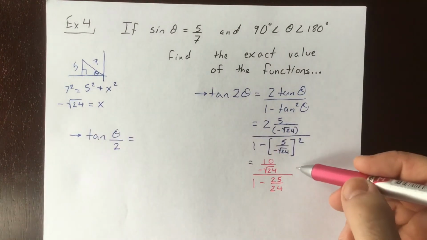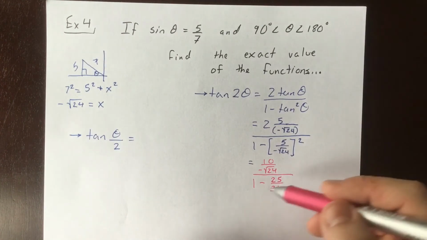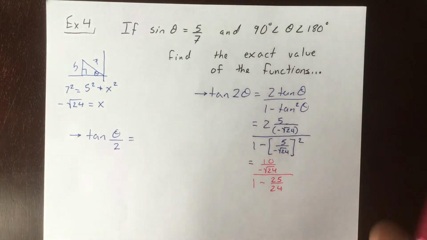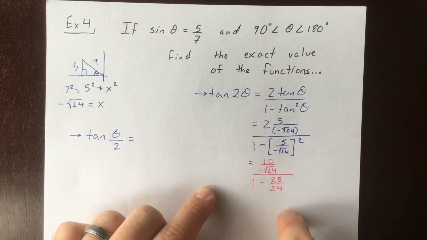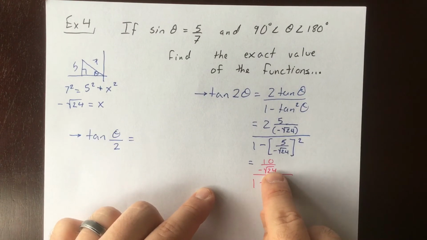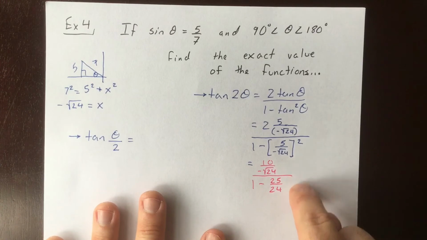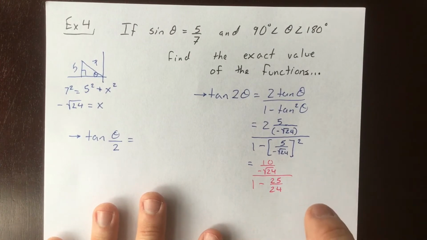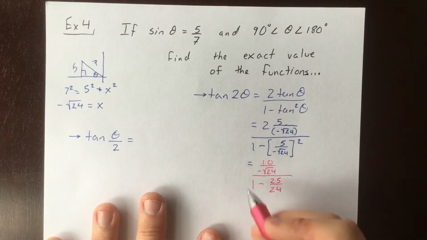I had said that you can multiply both top and bottom by the denominator to get rid of the fractions. But understand that that was only when the denominators are the same. And these are not. Do not think that root 24 is the same as 24. They're not the same. So I'm not going to be multiplying by 24 here to get rid of the fractions. So I'm going to have to do some additional steps.